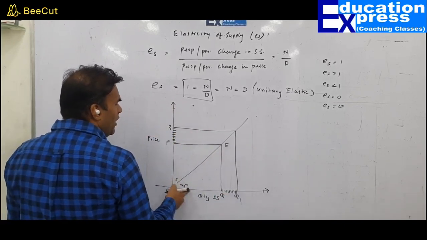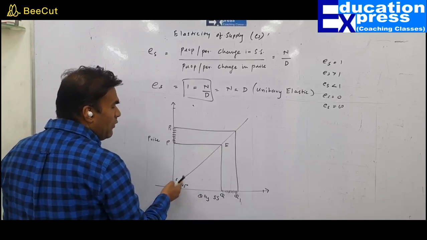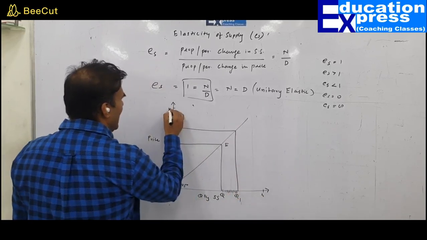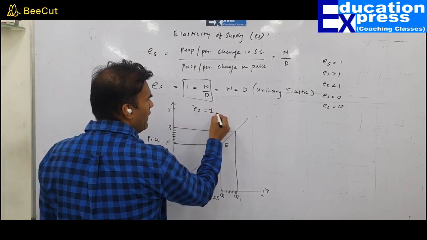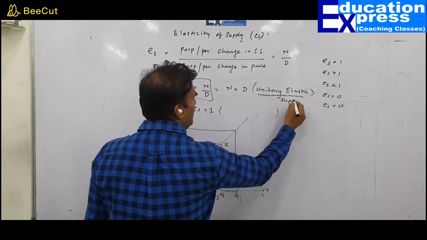So this is a 45-degree curve, exactly equidistant from both the x-axis and y-axis. And this is called E equals 1, that means unitary elastic supply.